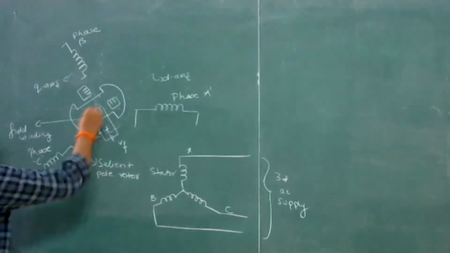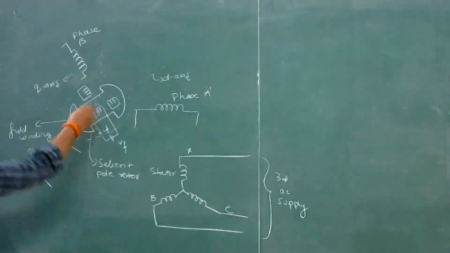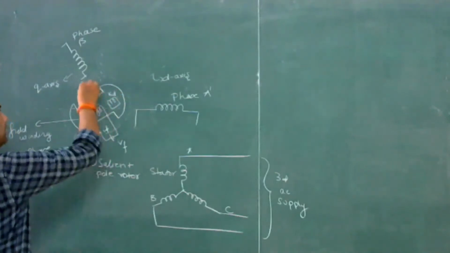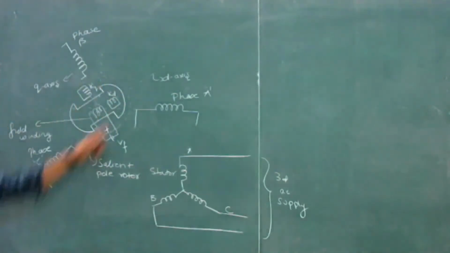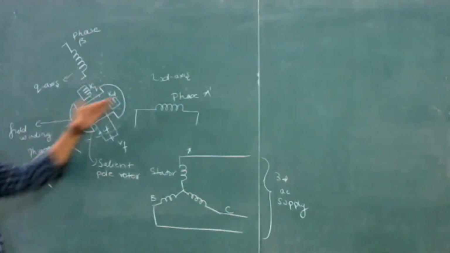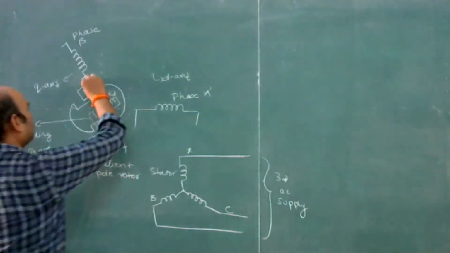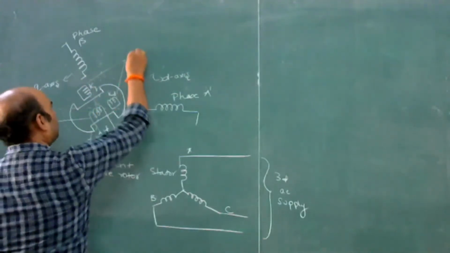Okay, and here we have two more windings, that is KD and KQ. So these are the damper windings, one in the D axis and one in the Q axis. So these two are damper windings.